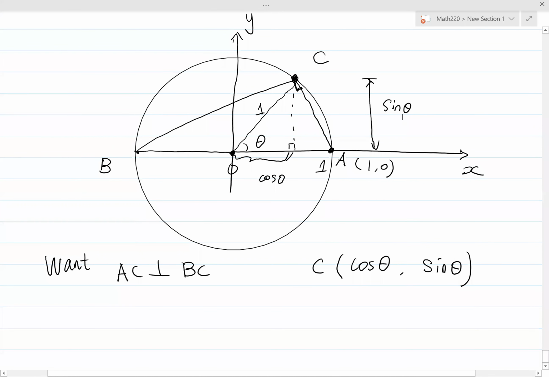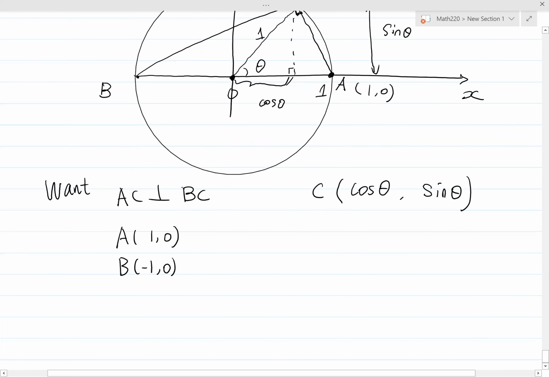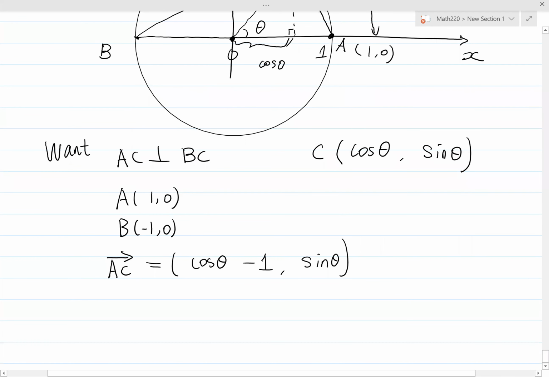A is (0, 1), B is (-1, 0), and we have the coordinate of C. So we can write the vector AC. It's head minus tail. So it's cosine theta, the x coordinate of C minus the x coordinate of A, which is 0, and sine theta minus 1. Then vector BC.